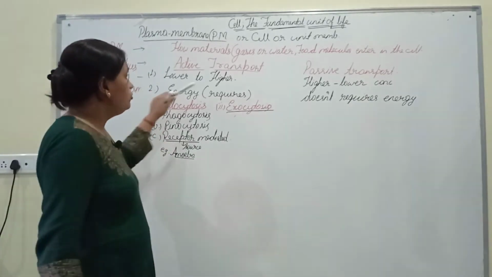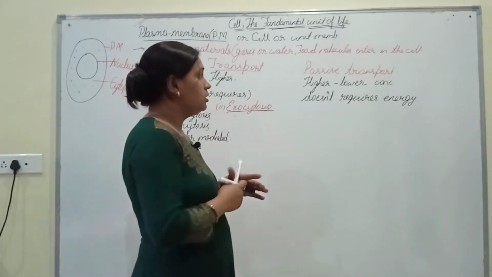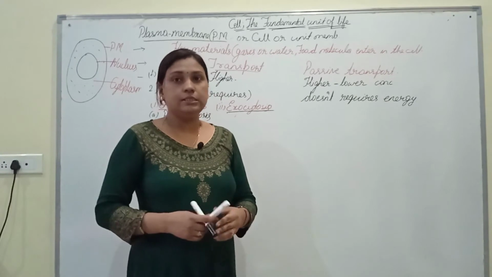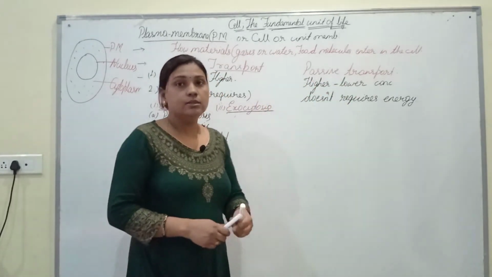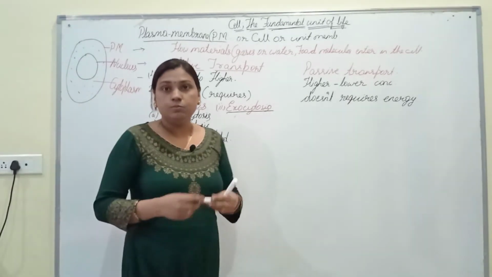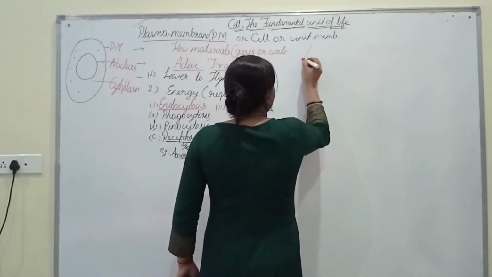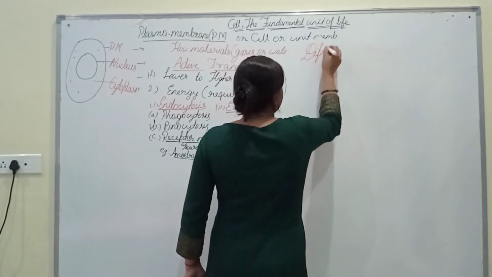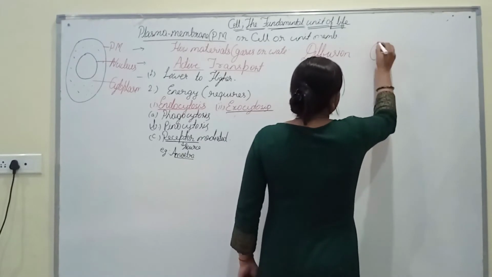So let's move towards the passive transport, in which we saw the movement of substances takes place from the higher concentration to the lower concentration. Now this passive transport is again of two types. One is diffusion and other is osmosis.